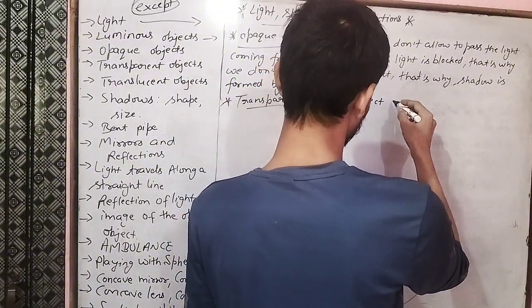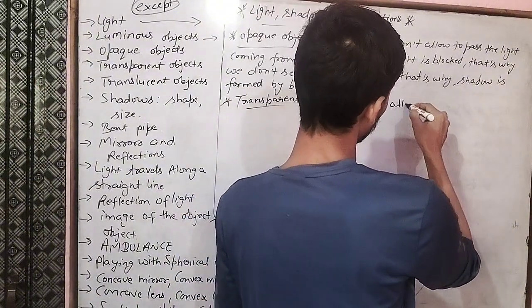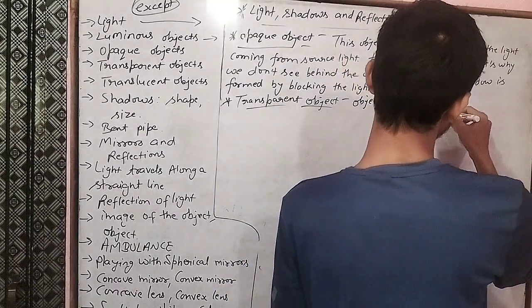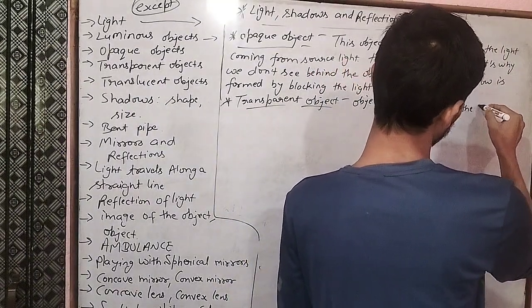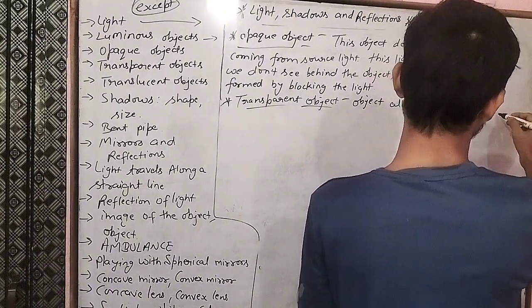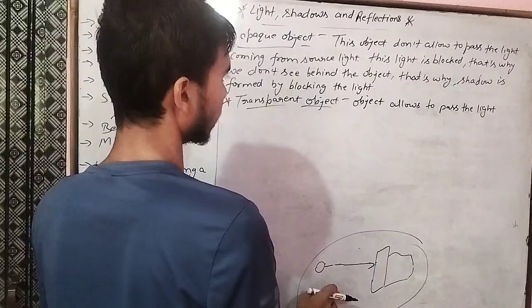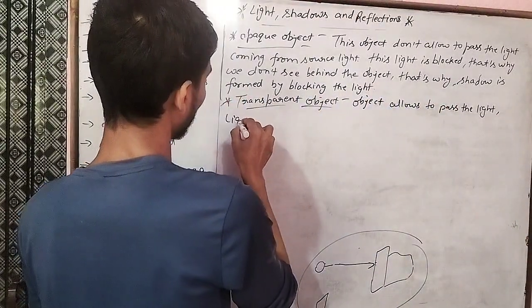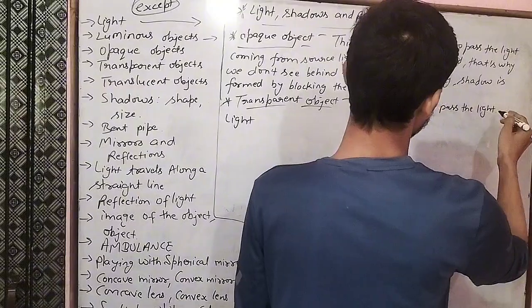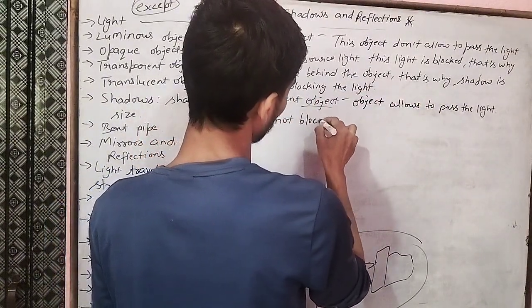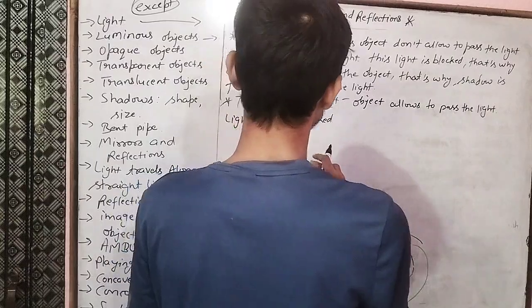Object allows to pass the light. Light is not blocked.